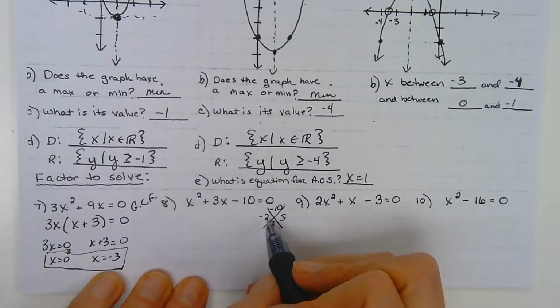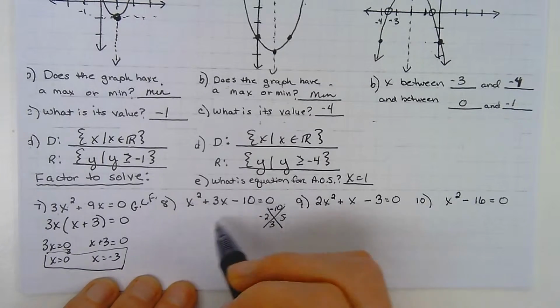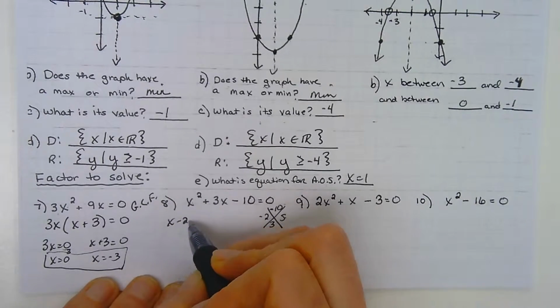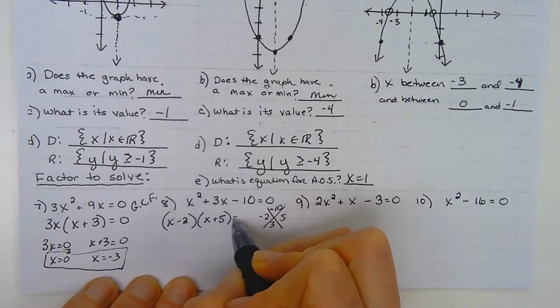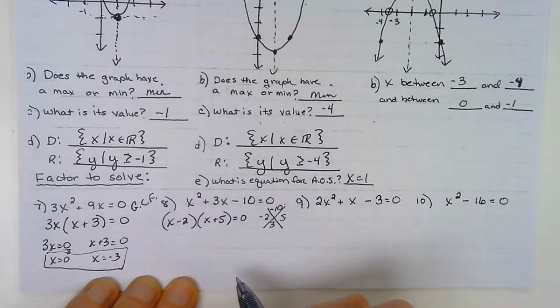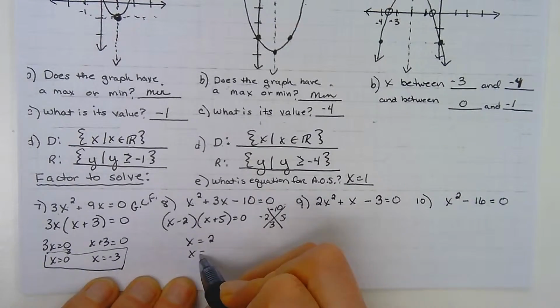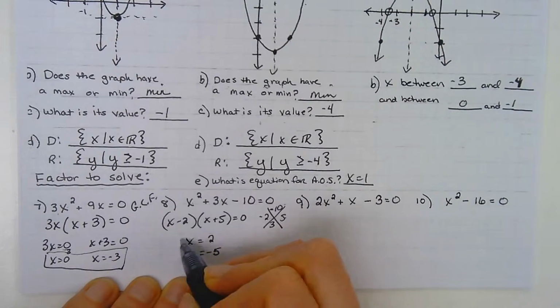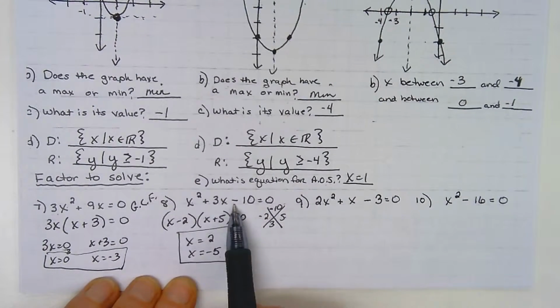Notice this is a leading coefficient of 1, so I can take my factors straight from the diamond. x minus 2 times x plus 5 equals 0. So my solutions are x equals 2 and x equals negative 5. Those are the values that make this quadratic equation equal to 0.